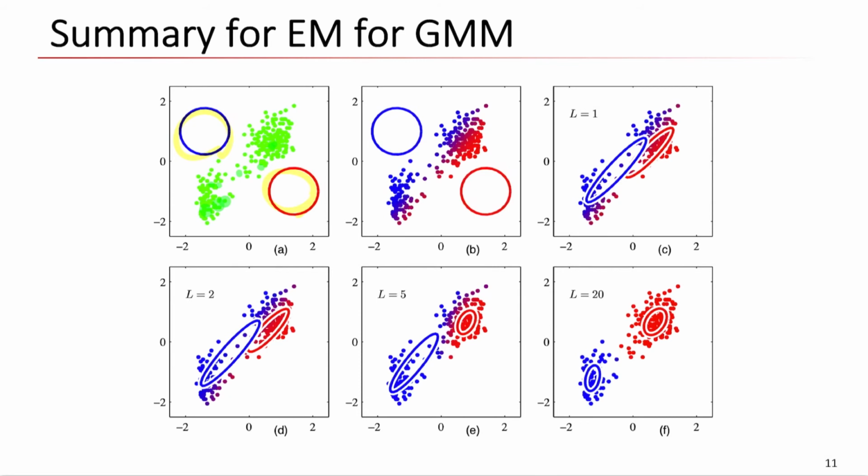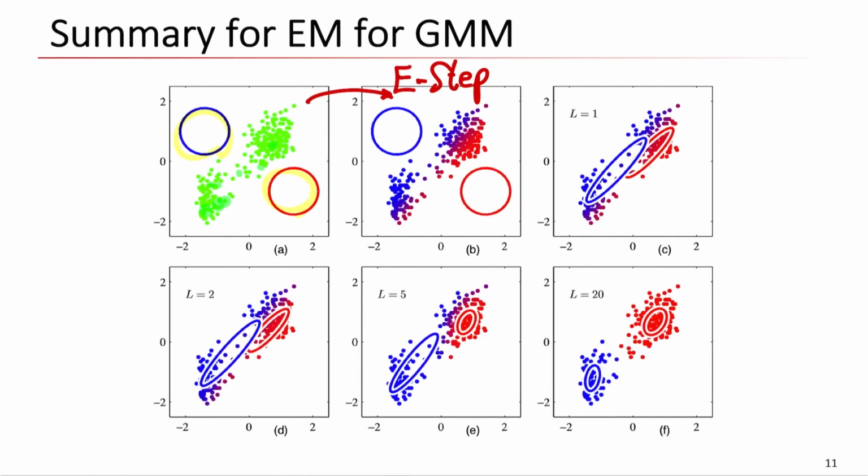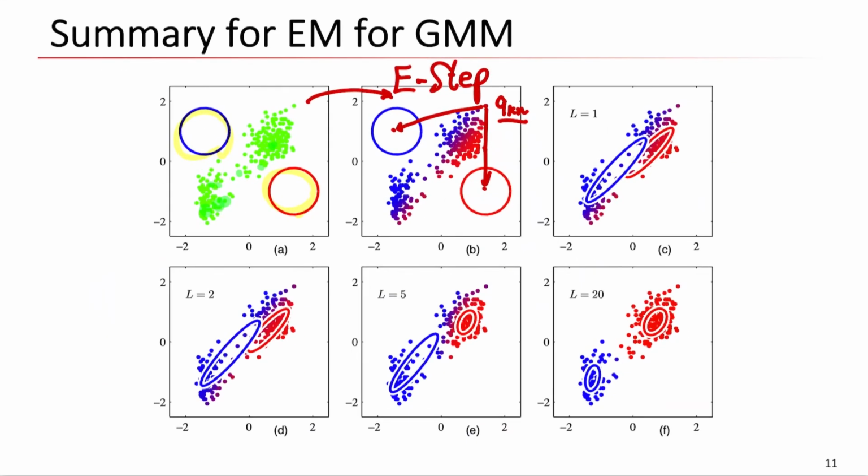In the expectation step, we have to find the cluster membership q k n, which means for each sample n and for each cluster k, compute q k n, right?